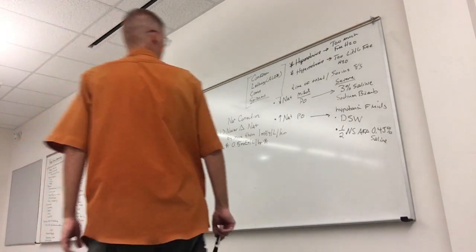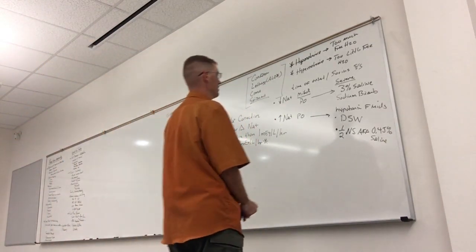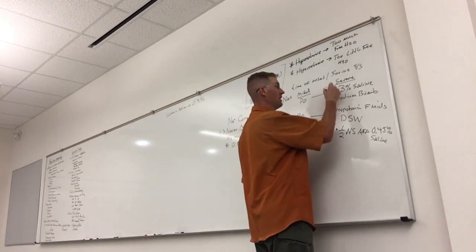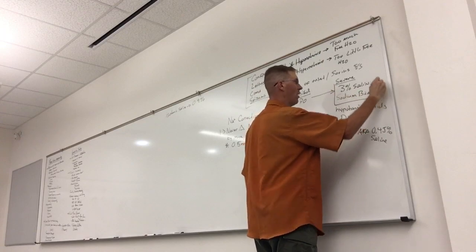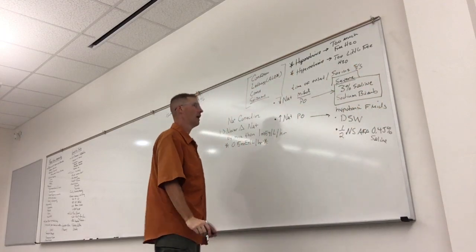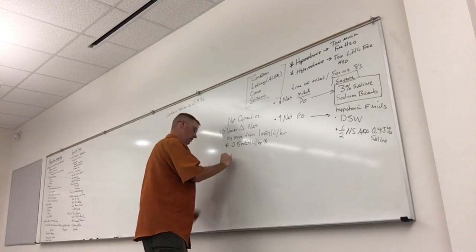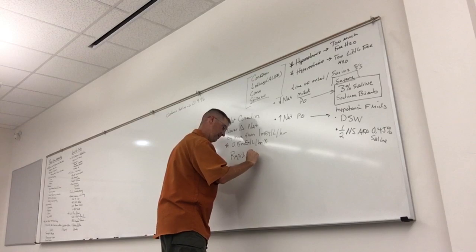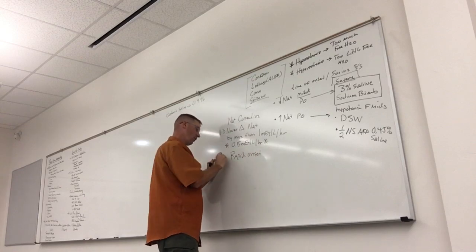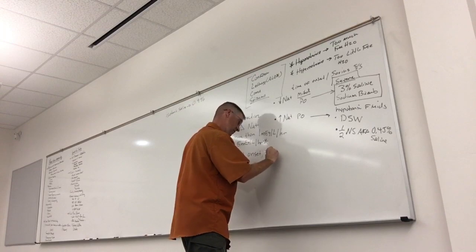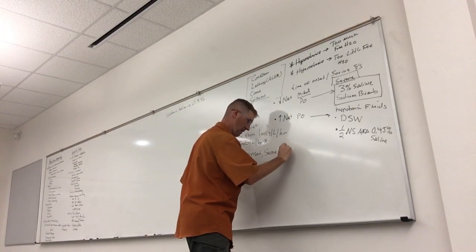Now I should say, I'm going to identify some conditions that cause rapid onset severe hyponatremia. So rapid onset, this is in less than 24 hours, rapid onset severe hyponatremia.